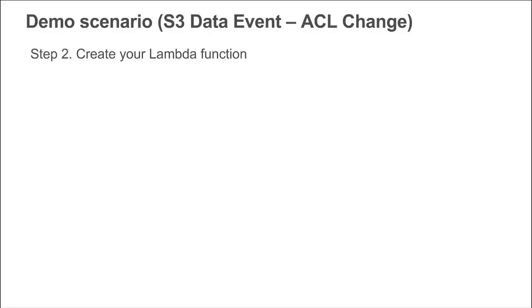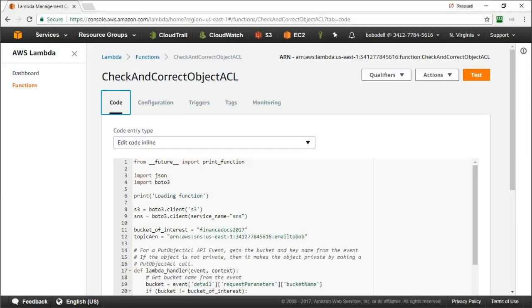Now that we've created a trail, let's go ahead and create a Lambda function. So basically, the Lambda function here is going to look at my data event that is captured through CloudTrail, and it's going to look for actions on the object, such as put object, or maybe it'll check the ACLs tied with the object, and then if it detects that it is public, it will take appropriate action to make it private and then send appropriate notifications to the concerned team.